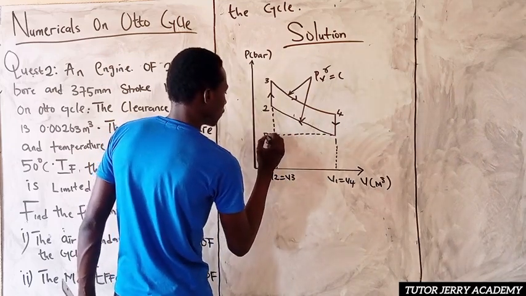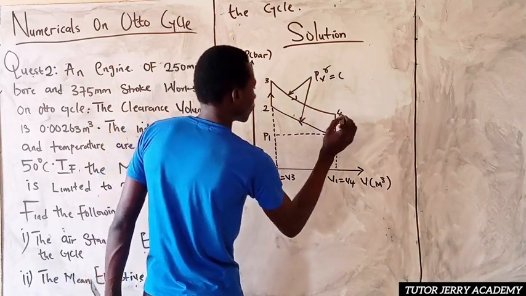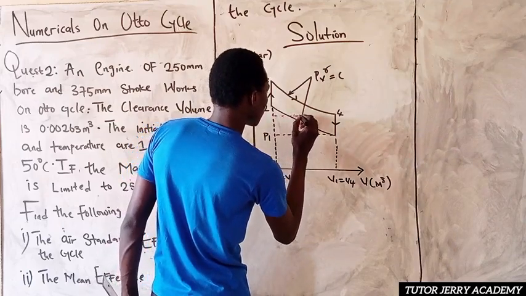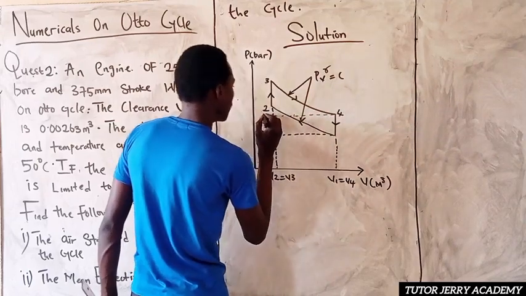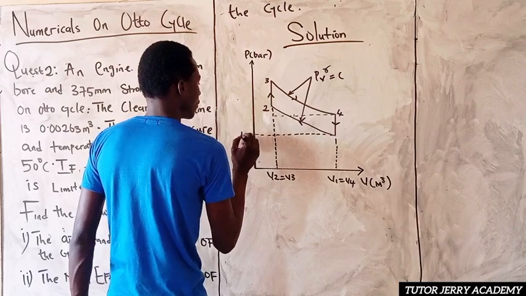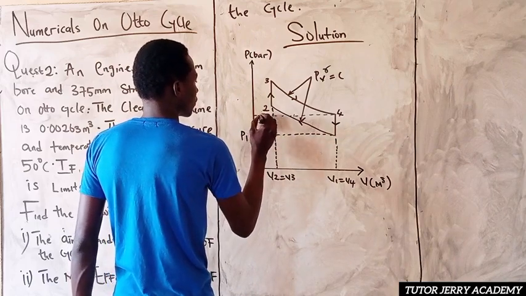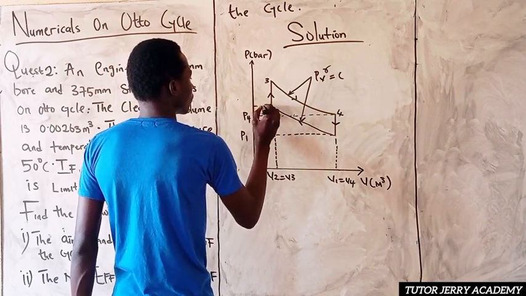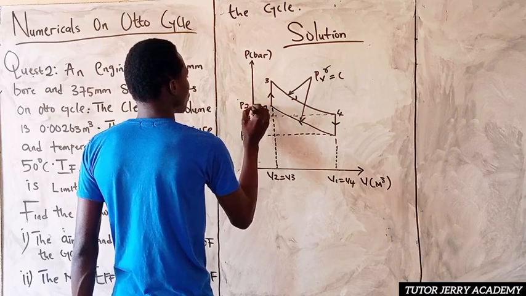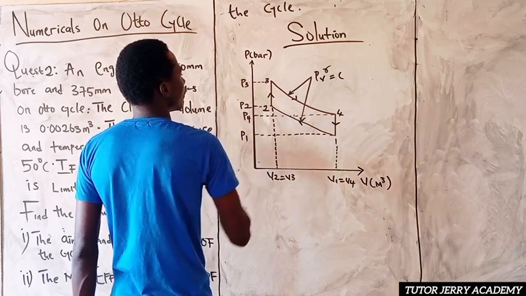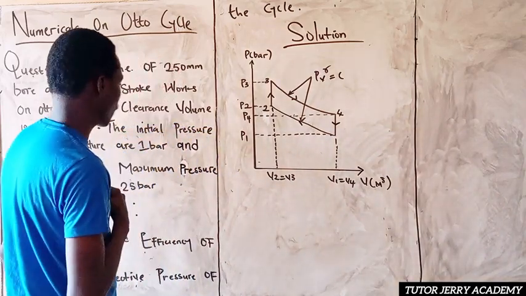This is P1, this is P4, this is P2, and this is P3. So this is what we have.